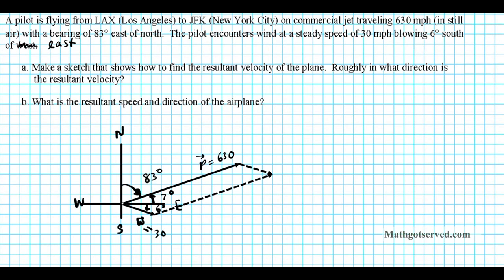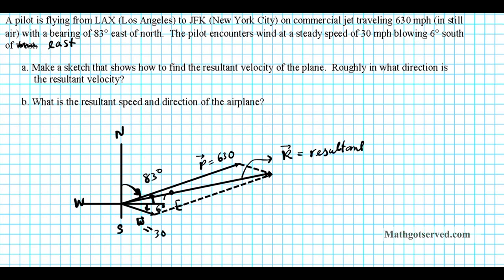The parallelogram rule tells us that the diagonal of this resulting parallelogram is the resultant vector. So the resultant velocity vector is what we're looking at. Let's call this vector R, the resultant velocity vector.